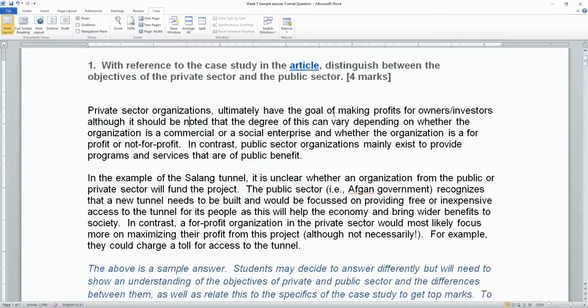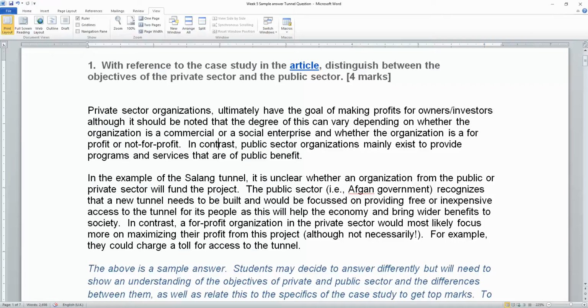However, something that no one identified clearly was that private sector organisations might have a degree of objectives, so lots of different objectives depending whether they are a commercial or social enterprise, or whether they're for-profit or not-for-profit organisations. This prevented a lot of you from getting the full 4 marks because you simply did not identify that in the private sector you've got lots of different organisations with lots of different objectives.